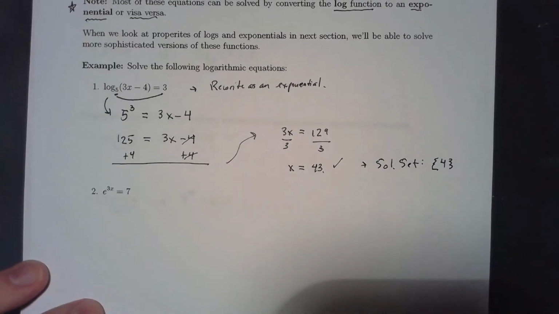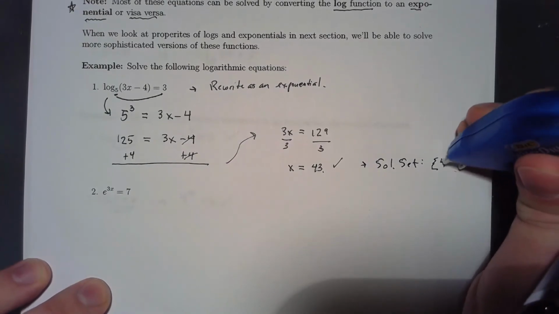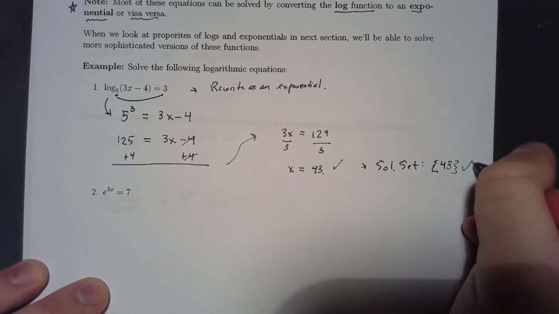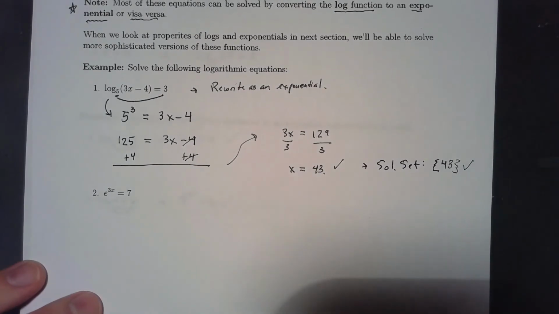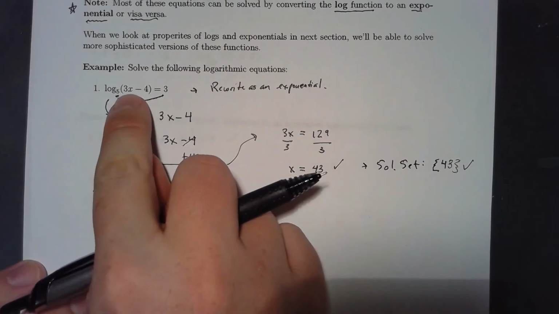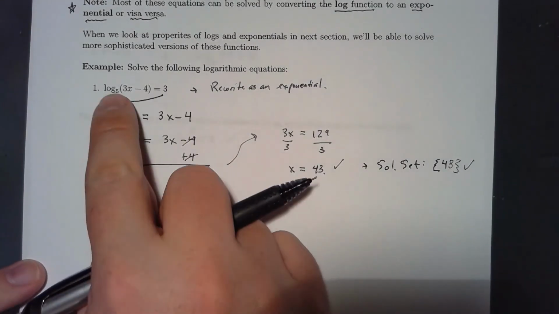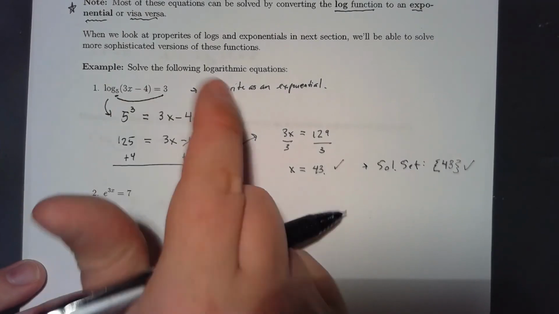And if you put 43 in here, you're going to get 5 cubed equals 125, which is obviously true.